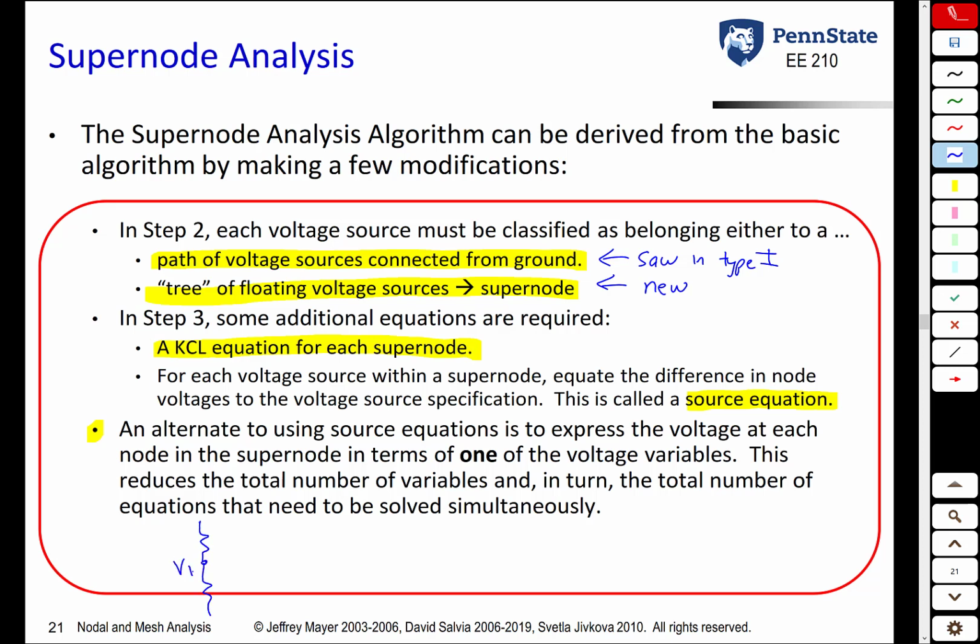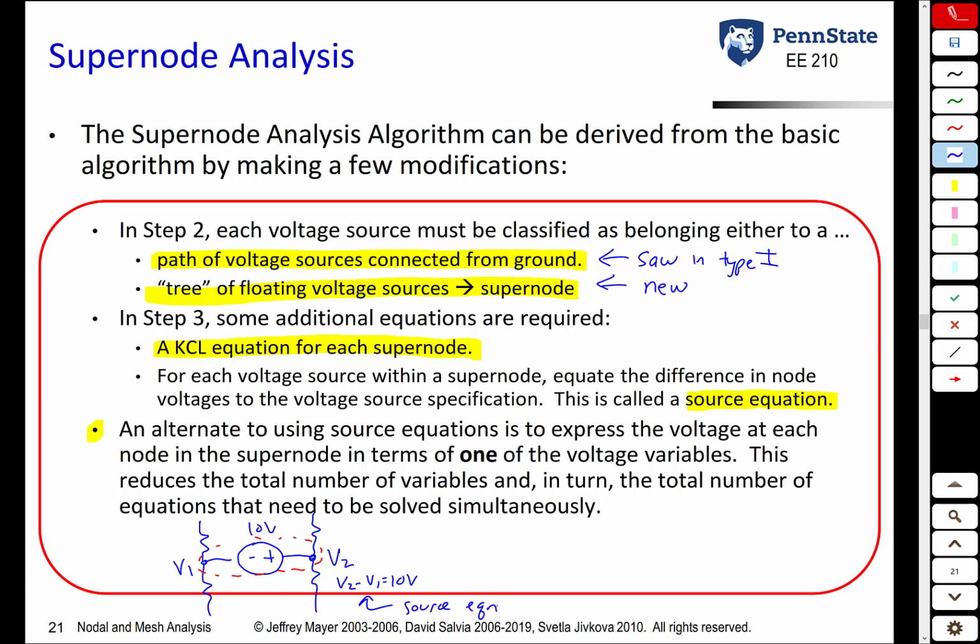Suppose you have a voltage variable V1 there, and you have a floating 10 volt source. You have a variable V2 here. So basically we'd have our supernode, and then in the algorithm that I use, we have our source equation. We would say that V2 minus V1 is 10 volts. This is our source equation.